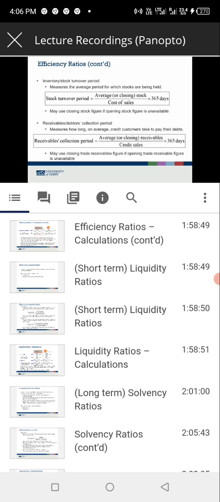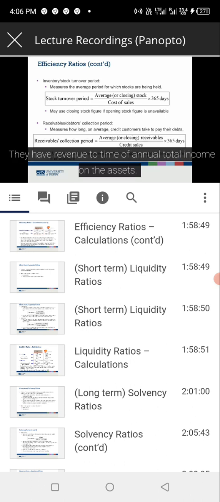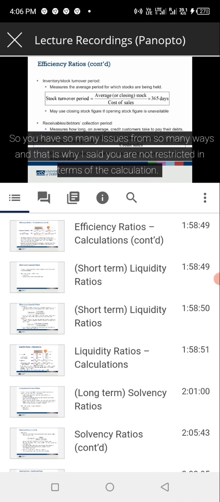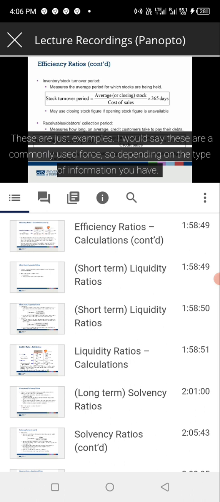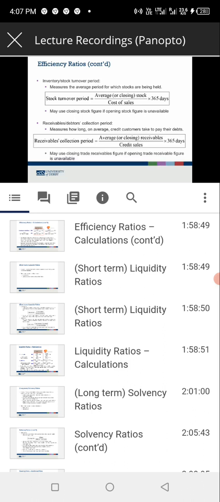They have revenue, total revenue or total income, and they have assets and so on. So you have so many ways, and that's why I said you are not restricted in terms of the calculation. You have different ratios for calculating efficiency. These are just examples, the commonly used ones, depending on the type of information you have.